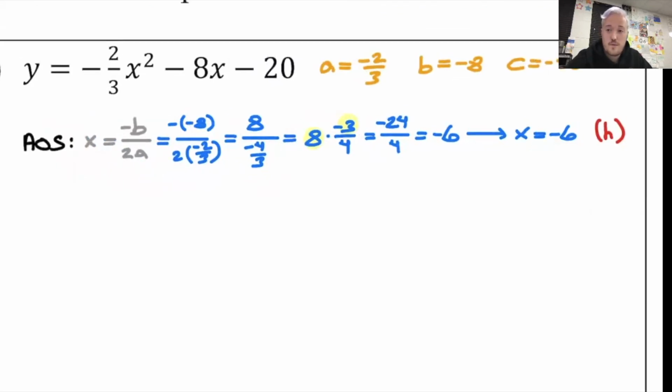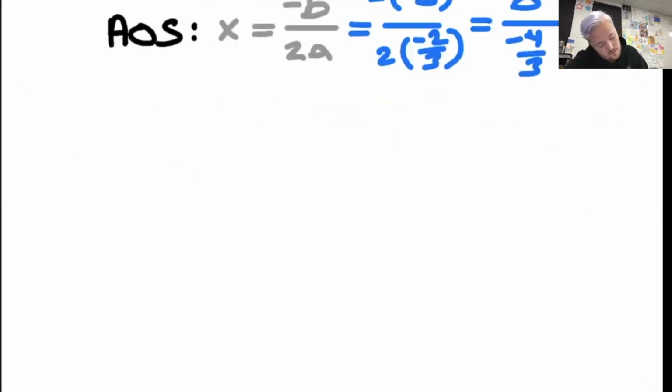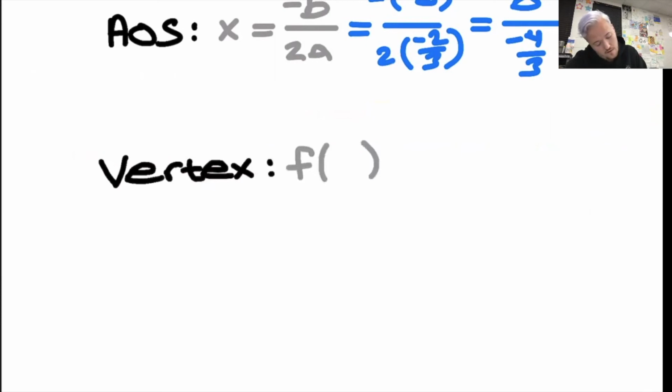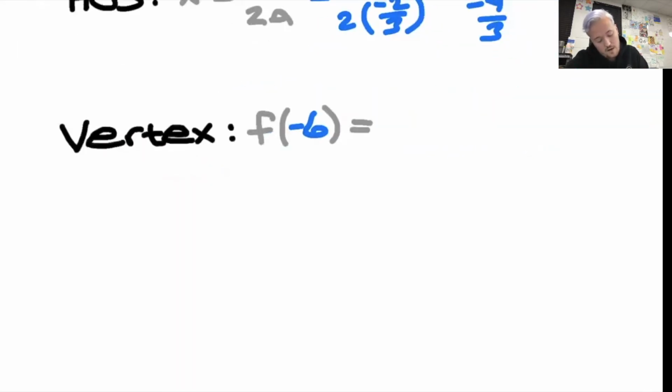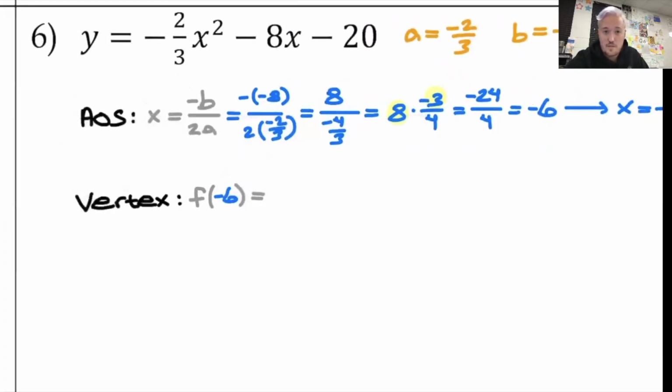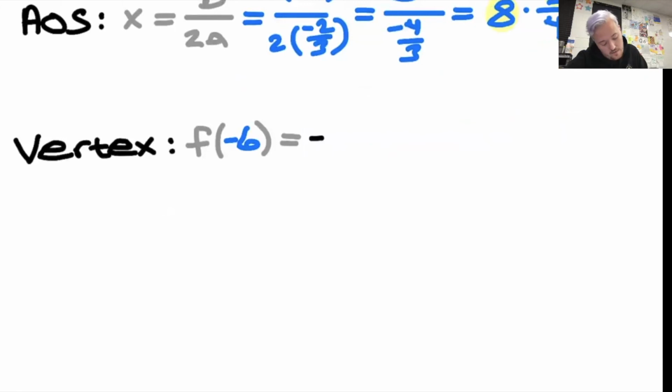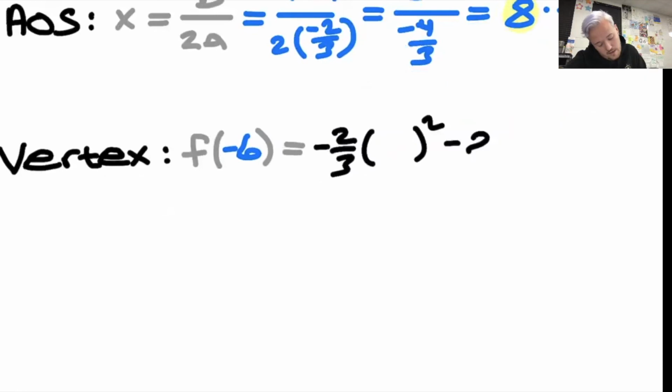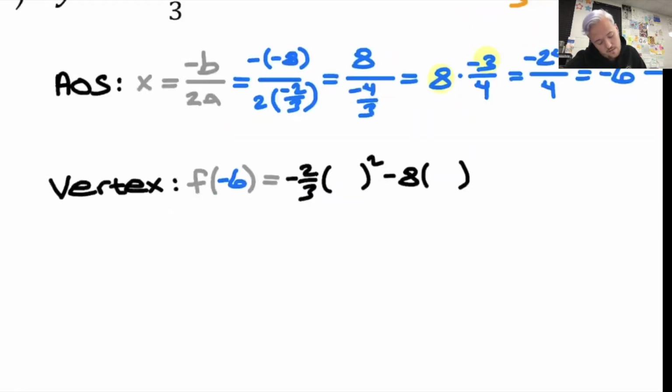All right, so now we got to plug it in and find our k value. So for the vertex, f of -6. We're going to plug it into our original equation up there: the -2/3 x squared minus 8x minus 20.